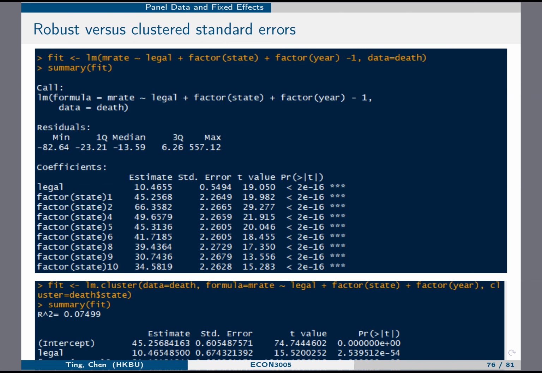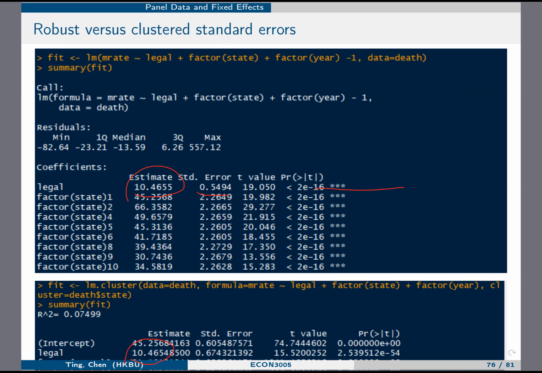It's still 10.5, significant, and now it's also 10.5. But you can see the standard error compared to before.